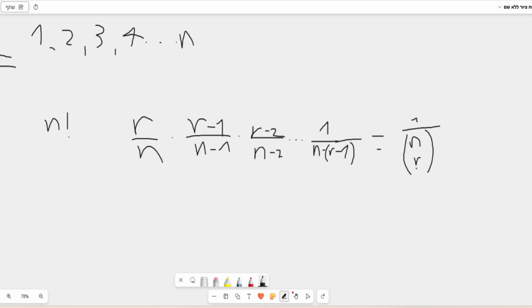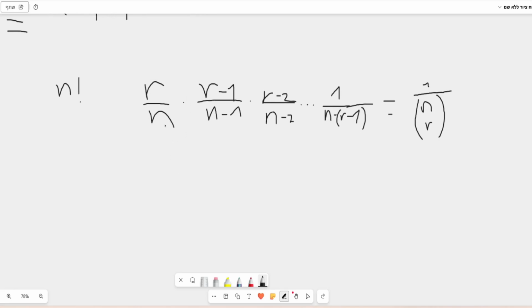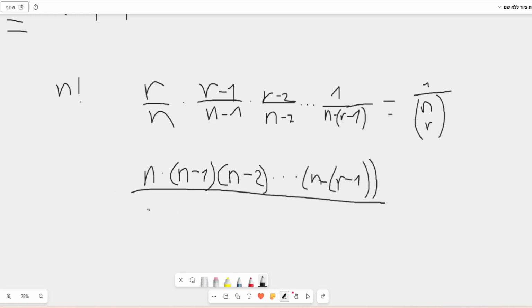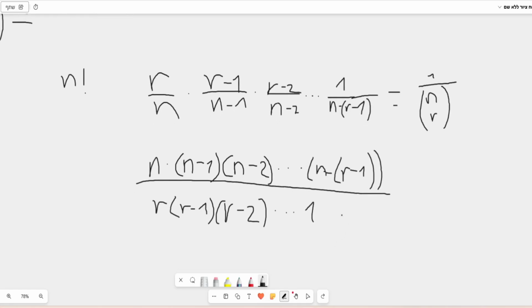First of all, we're going to take the reciprocal of both of these. So on the top, what are we going to have? We're going to have n times n minus 1 times n minus 2 and so on until we have n minus r plus 1, like this, and on the bottom we'll have r times r minus 1 times r minus 2, and so on until we have 1.